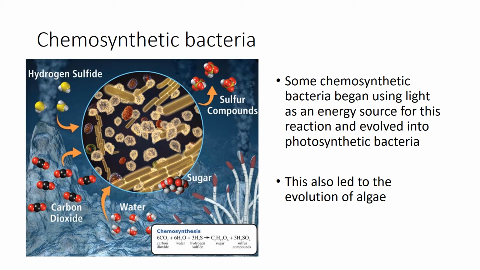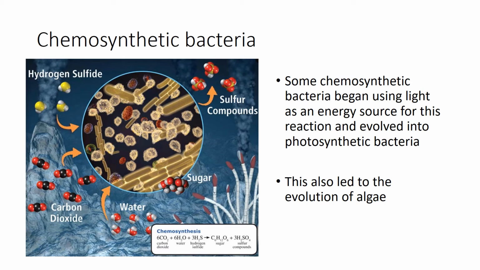So chemosynthetic bacteria use chemicals in order to combine carbon dioxide and water to make sugars, but the first photosynthetic bacteria would have used light as the energy source to combine carbon dioxide and water to make the sugars. And it's the sugars that is the food. And once you've got organisms making their own food, that's really where life then began to explode, and lots and lots of different life could be evolved.